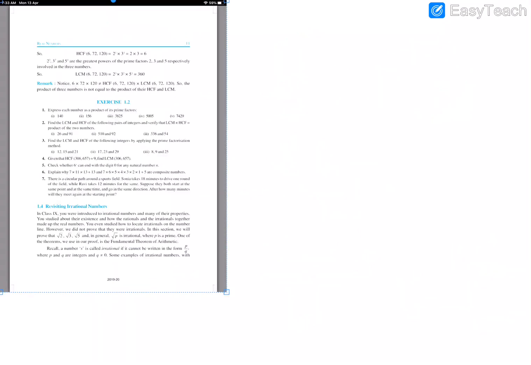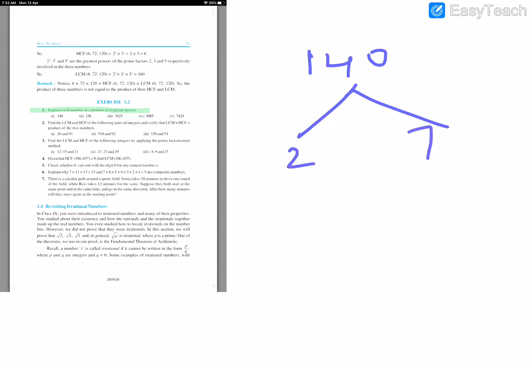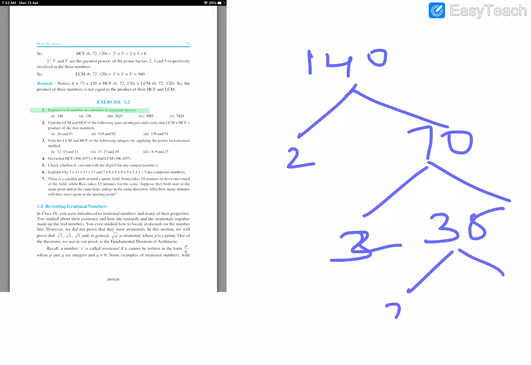Now let us see exercise number 1.2. Here the first question says to express each number as a product of prime factors. So simply you take the number and divide it in whatever way you want. For example, if I take 140, it is 2 into 70, 70 again is 2 into 35, and 35 you can write as 7 into 5.